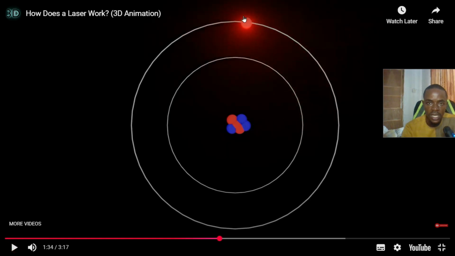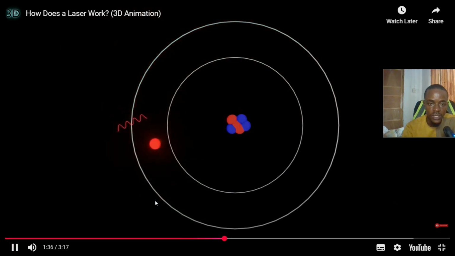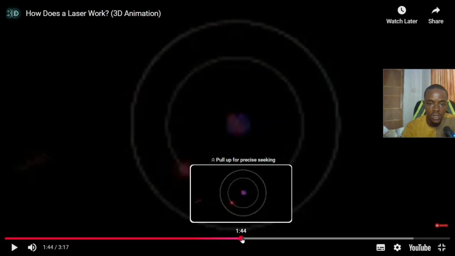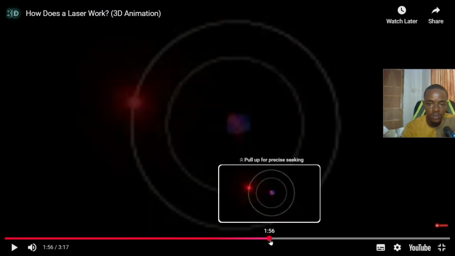Once it's in the ground state, it emits photons, but once it's in the higher state, it absorbs energy and comes back to the ground state to discharge the photons. It jumps from one level to another level, but it cannot maintain that state, so it jumps back to the previous level. That is how it moves.